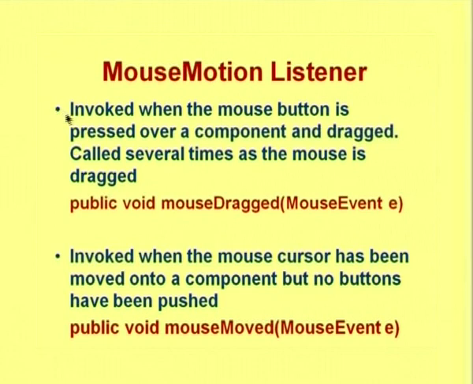This is invoked when the mouse button is pressed over a component and dragged. It is called several times as the mouse is dragged. Whenever I drag the mouse, there is a start position and an end position. Once you press the mouse, your mouse pressed event will be raised, then you drag it, and then you release your mouse.